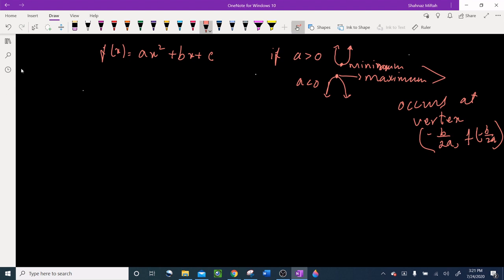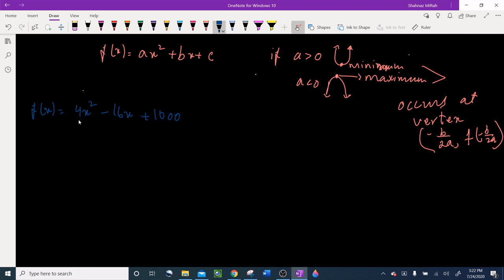Now, I'm going to give you a few examples here. Look at this example. I have f of x equals 4x squared minus 16x plus 1000. Now, without graphing this, determine whether the function has a minimum value or maximum value.